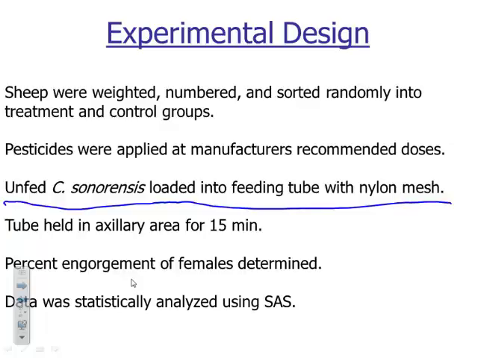We could hold tubes on the axillary area, which, if you're not familiar with animal morphology, would be the armpit. But I guess sheep don't have arms. The leg pit of the sheep. So we could basically do feedings and see, if I take pesticide-treated versus untreated sheep over several weeks, can we treat them once and prevent biting midges from feeding on them?